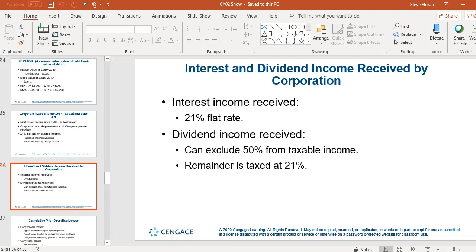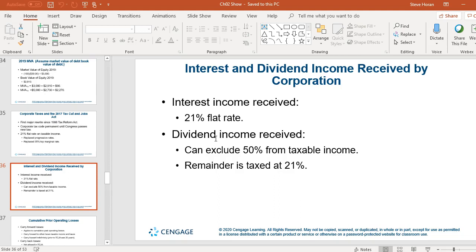The reason for that, remember that corporations are double taxed. So if I'm a corporation, I take all my revenues minus all my expenses, then I pay a 21% tax. Then I can pay dividends out. And then when I pay dividends, I pay them out with after-tax dollars. My shareholders receive those dividends, and they pay tax again. That's the double tax.